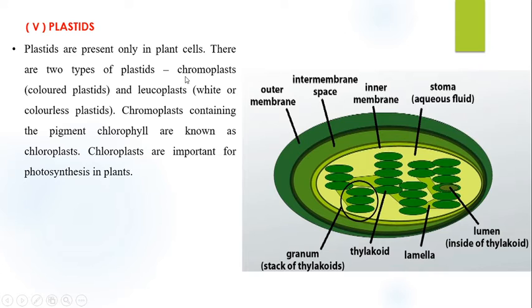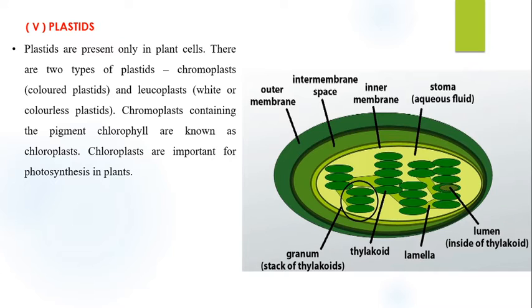First, chromoplasts. Chromoplasts are the colored plastids. And leucoplasts are the white colored plastids. Clear? So the color of the tomato is red due to the presence of chromoplasts, and the leaf of the plants is green due to the presence of chloroplasts.